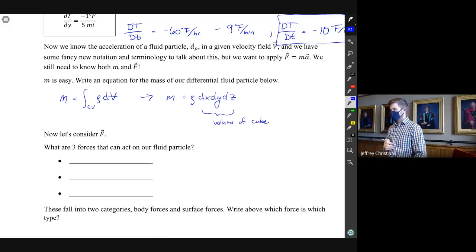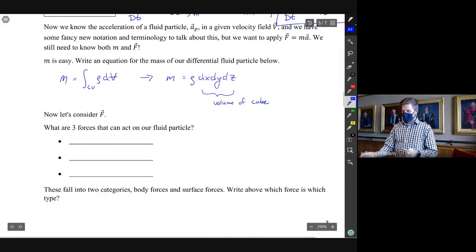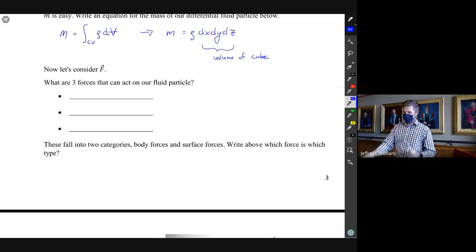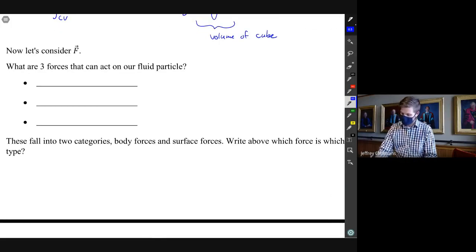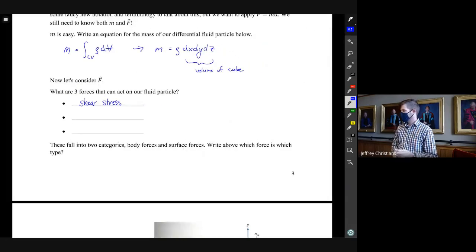Now let's do forces. Looking at this little fluid particle, what broad types of forces could be acting on it? We want to be as general as possible. There could be shear stresses acting on the fluid. Any other types of forces that could be acting on our little fluid particle?